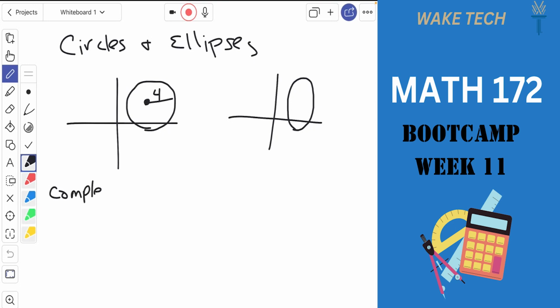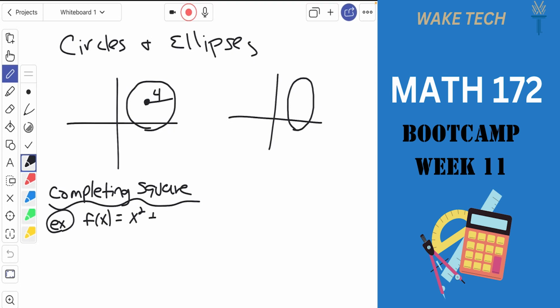Completing the square. So let's say we have the function f of x equals x squared plus 10x minus 17. What we mean by completing the square is that eventually we want to have that function written as x minus h squared plus k.